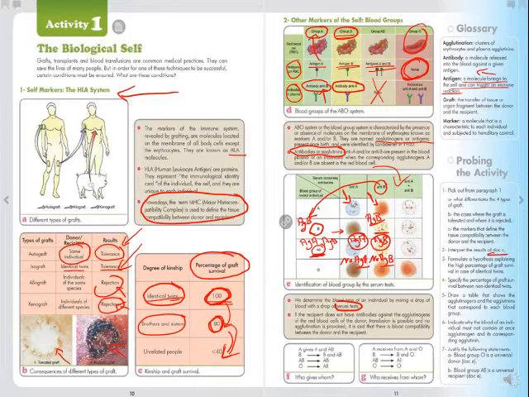If you have antibody A, there is no antigen A. If you have antibody B, there is no antigen B. So it's called the universal donor, and a blood group O individual can donate to all blood groups. While blood group AB contains no antibodies, so it's called a universal recipient.